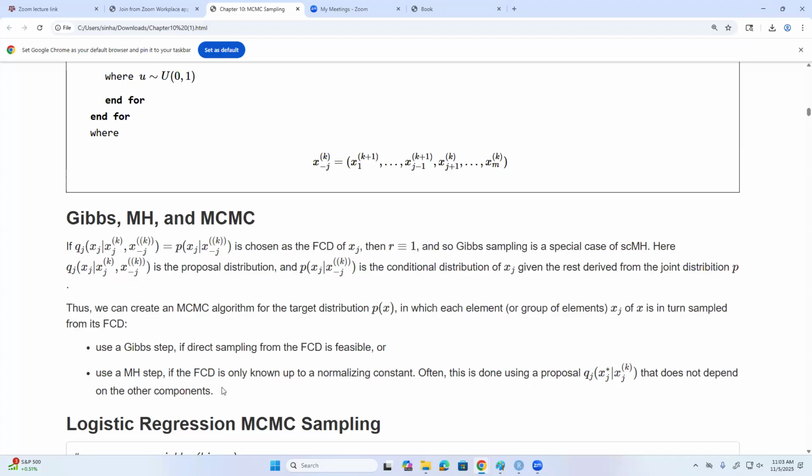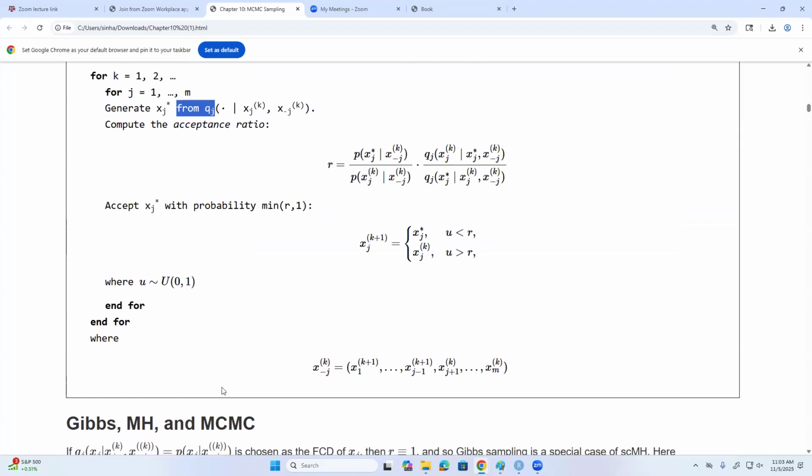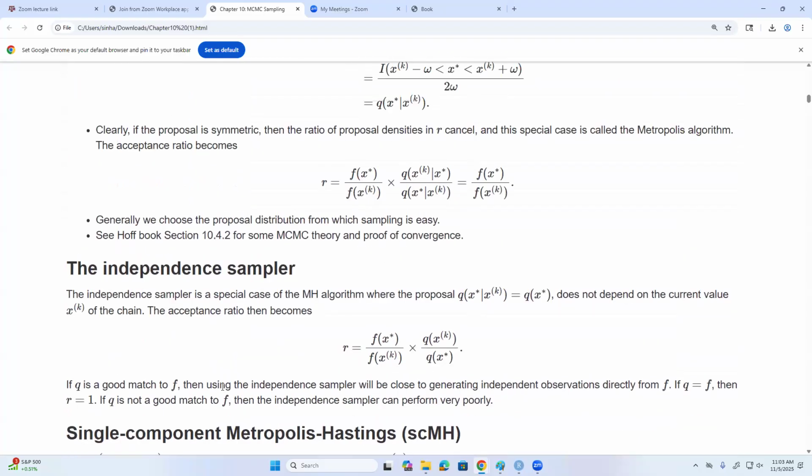Yes. Earlier, you said the sampler performed very poorly. Does that mean it won't converge, or just converges very slowly? Oh, you're looking at independence samplers. Yes. So it will perform poorly.